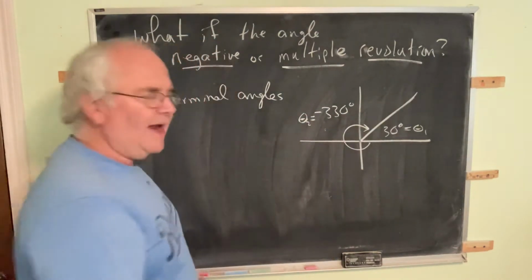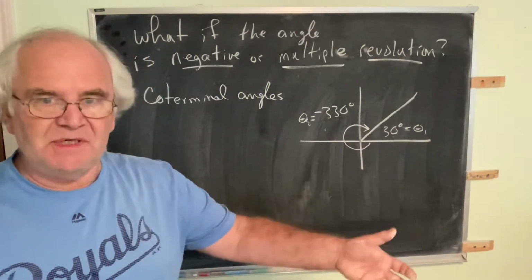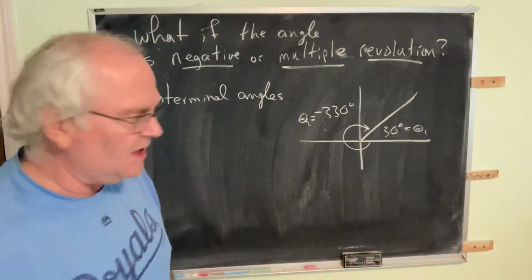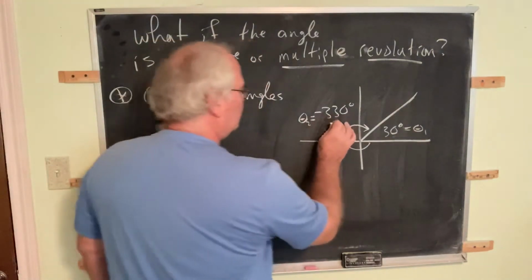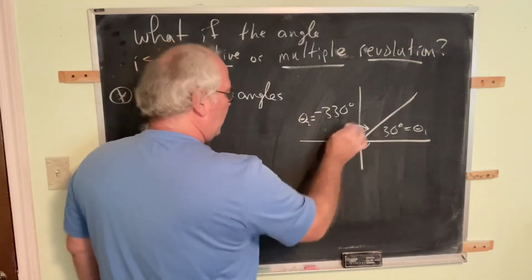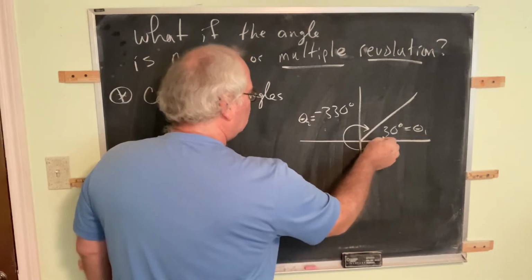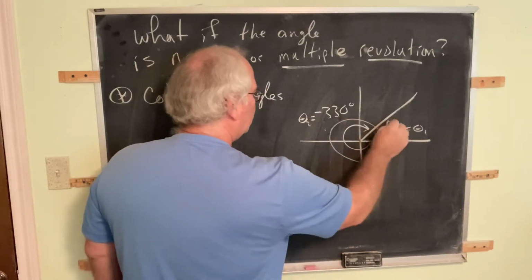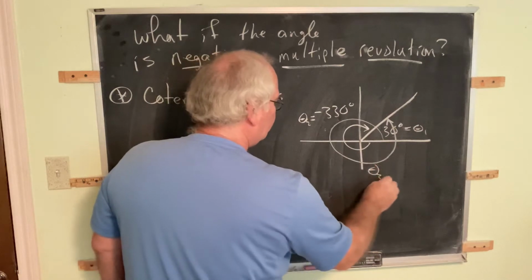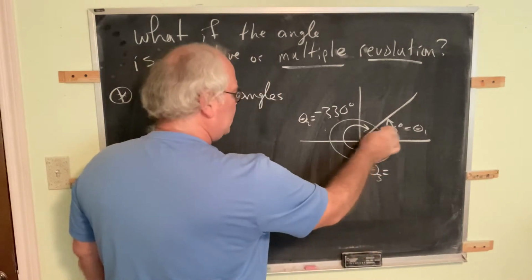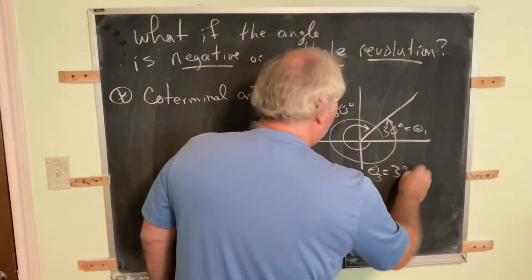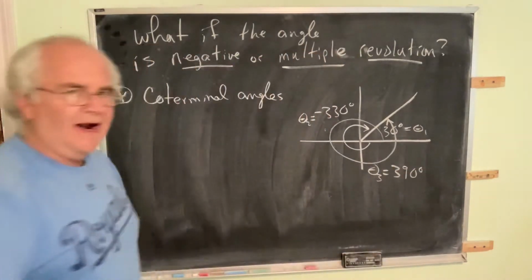Or, if the circumstances of your problem require it, rather than mark it as a negative angle, one thing you could do is go multiple revolutions. So another possibility is you add 360 to 30, you get 390 degrees.